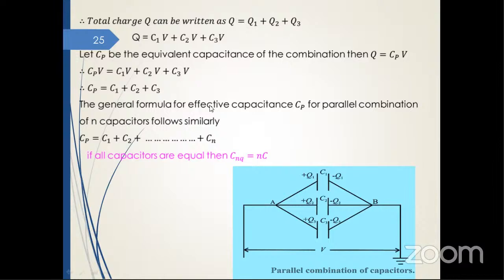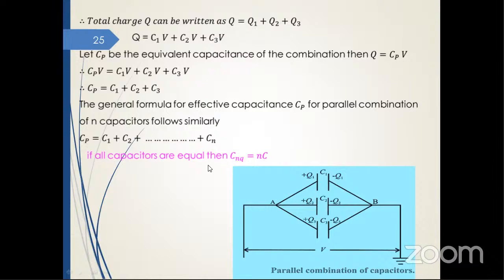Here we see the formula for only 3 capacitors, but you can generalize it for n capacitors: the general formula for effective capacitance CP is C1 plus C2 and so on up to plus Cn. In this way we see how we obtain the parallel combination CP value.